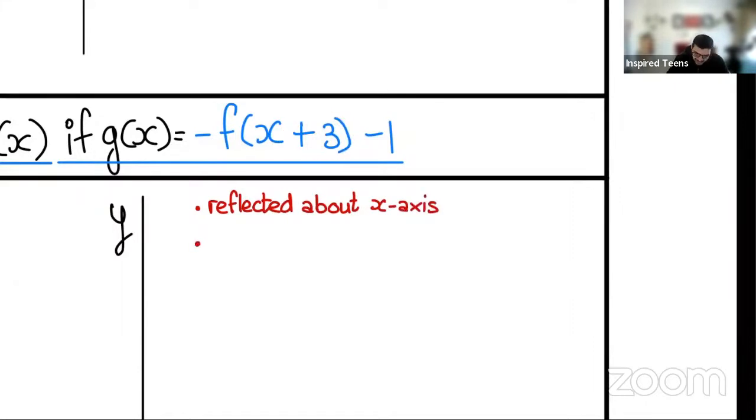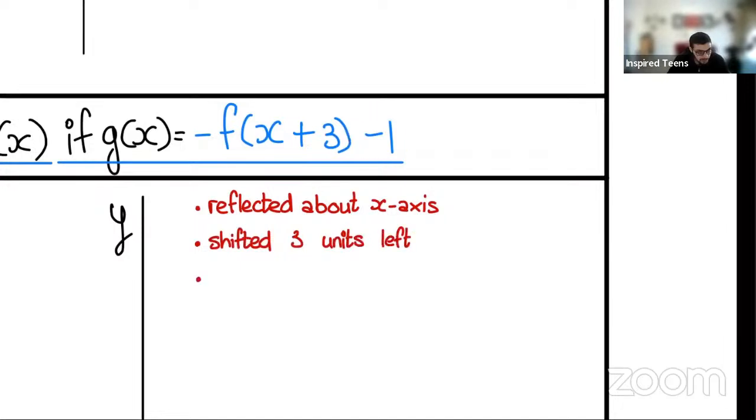Then we added 3 inside the bracket. If we add 3 inside the bracket, that actually means a change to x. It's going to be either left or right. Because it's plus, it's opposite, so left. So shifted 3 units left.